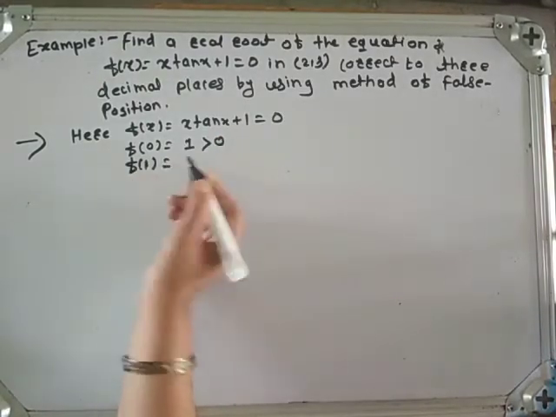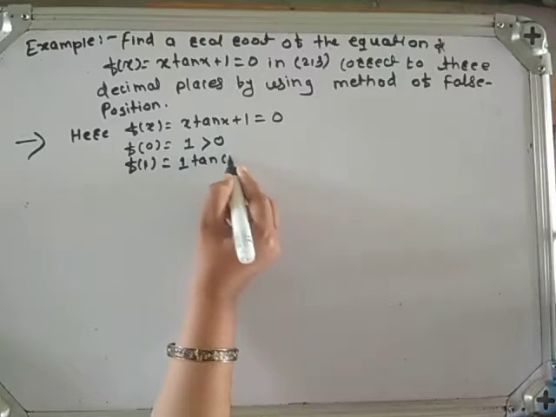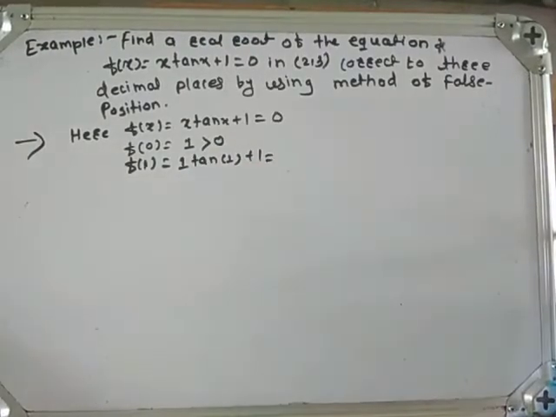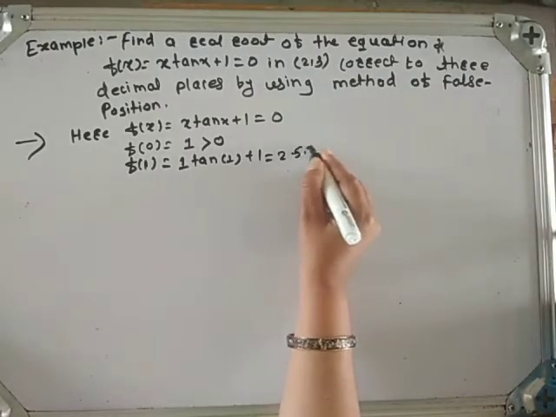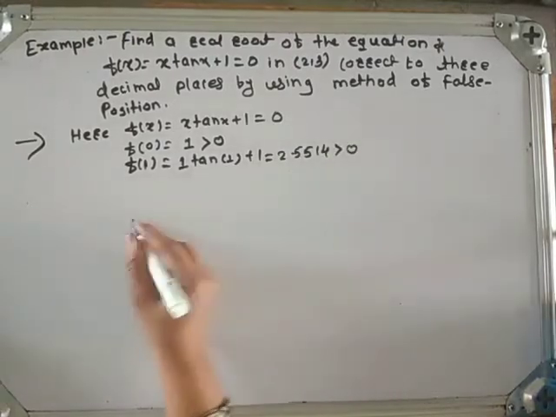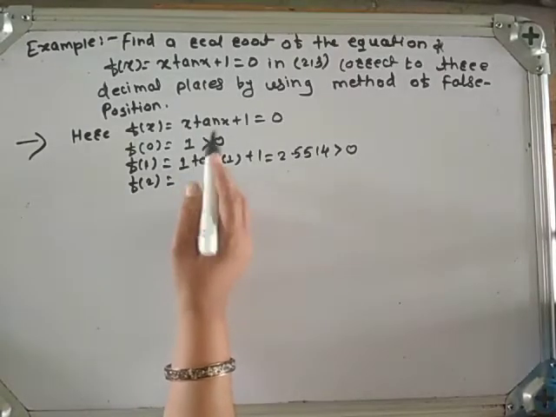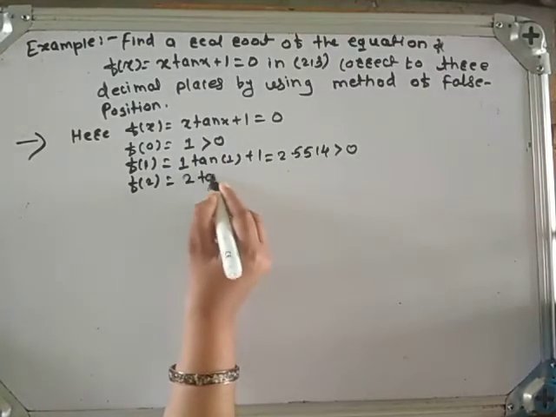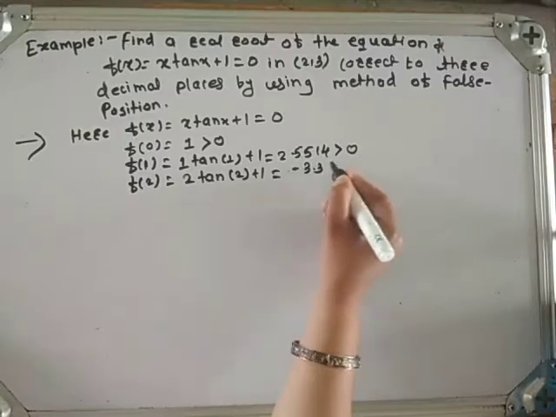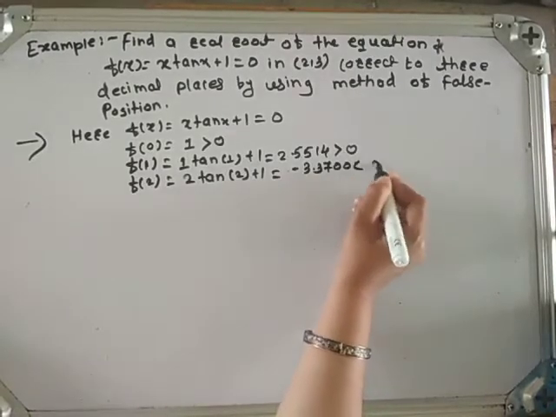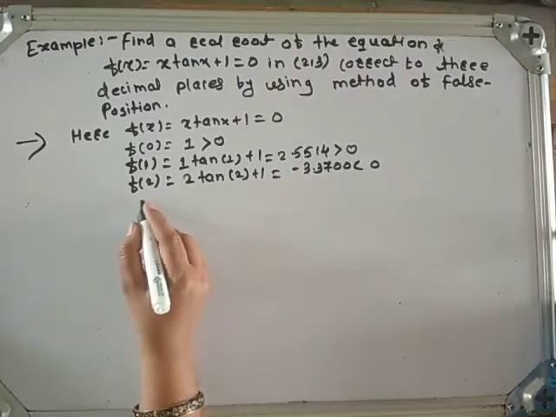Put x = 1: we get 1 into tan 1 plus 1, which is 2.5514, greater than 0. Now calculate f(2): 2 tan 2 + 1 = -3.3700, which is negative, therefore strictly less than 0.